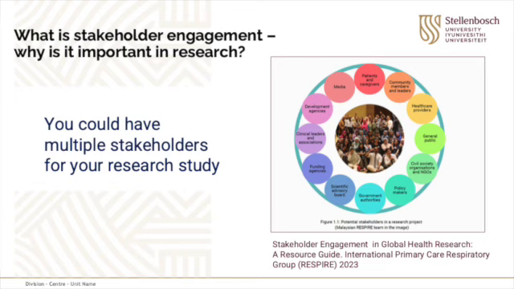This is just a nice image showing a visual representation of stakeholders in a potential global health research study. So we have patients and caregivers, community members and leaders, healthcare providers, members of the general public, civil society organisations, and so on. So quite a broad representation of different types of stakeholders there.